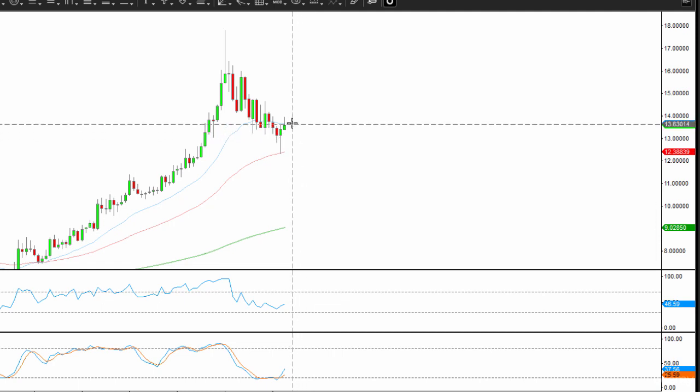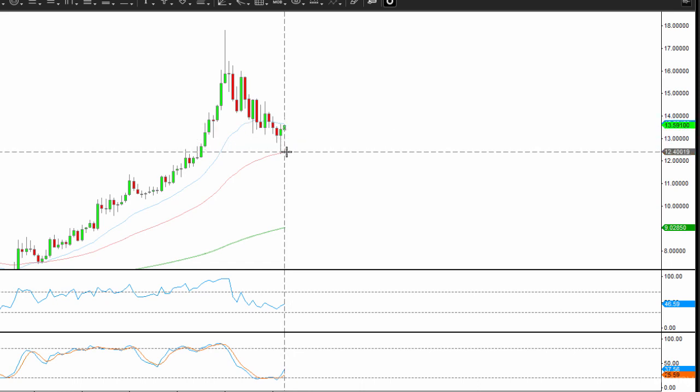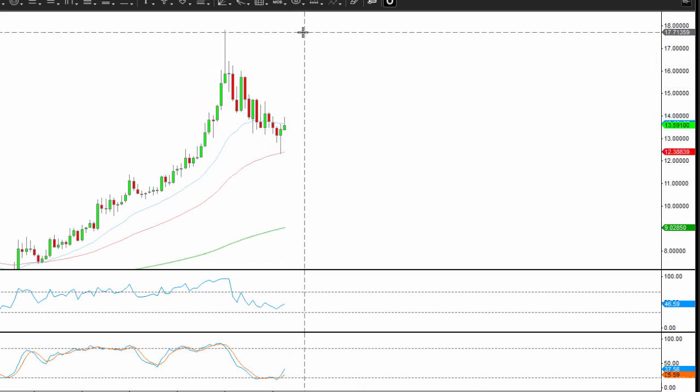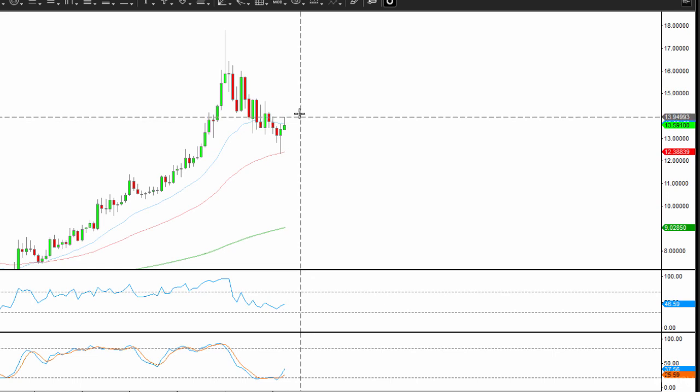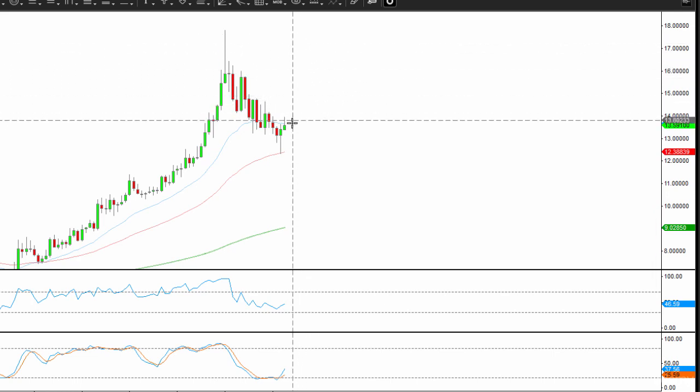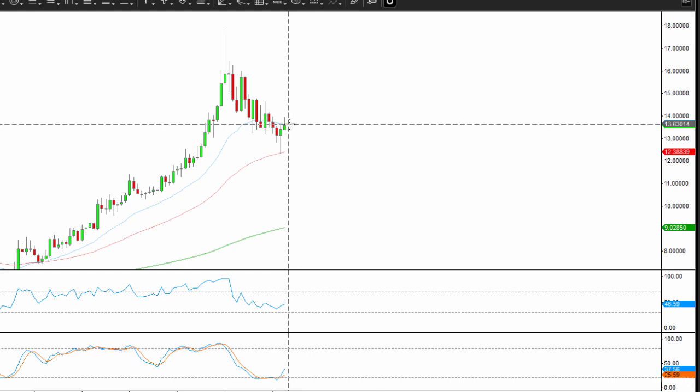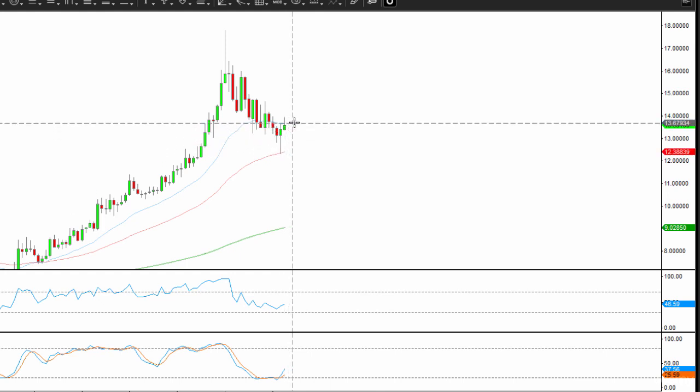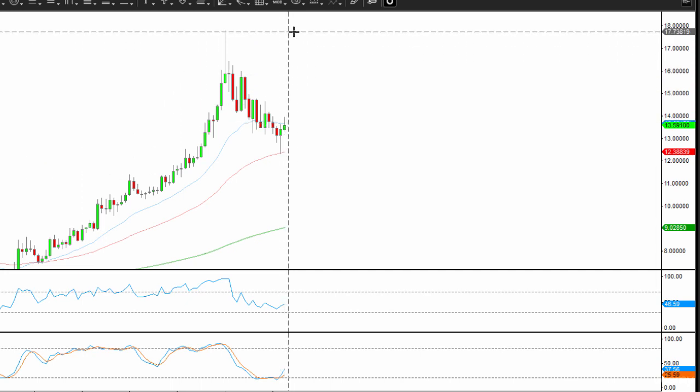Because if you think about it, if our entry is here and our stop loss is here, and our first target is all the way up here, then we're going to have roughly about a 3 to 1. Okay, so distance between entry and stop loss here fits into distance between entry and target 1 up here 3 times.